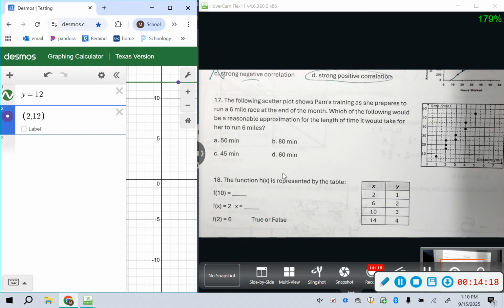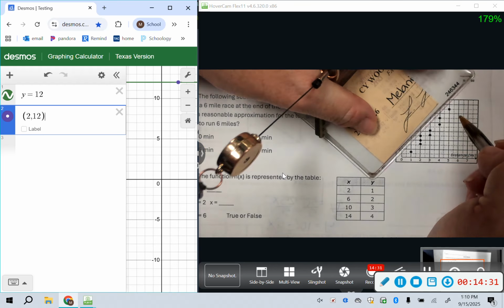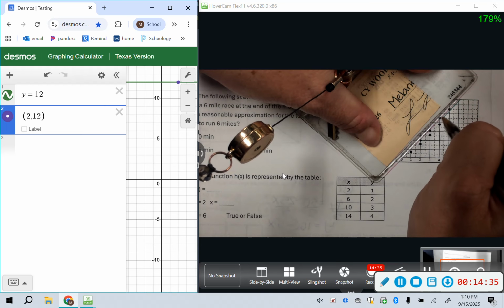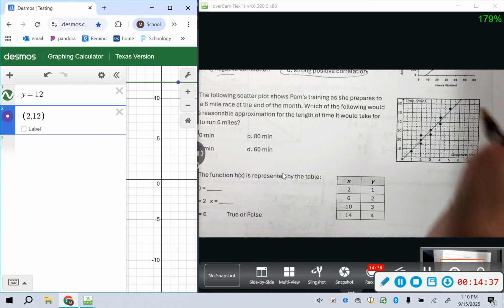17. The following scatter plot shows Pam's training as she prepares to run a 6-mile race at the end of the month. Which of the following would be a reasonable approximation for the length of time it would take for her to run 6 miles? Well, if we're estimating, we have to draw a trend line. Through the center of our data, we want an equal number of points on both sides of the line-ish. So I would say that's pretty close to going through the center of my data.